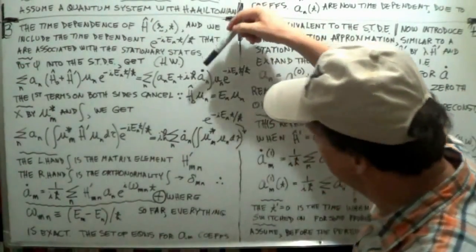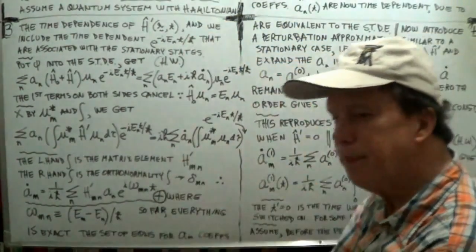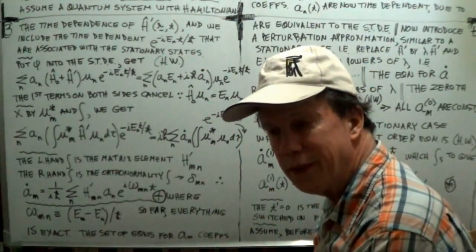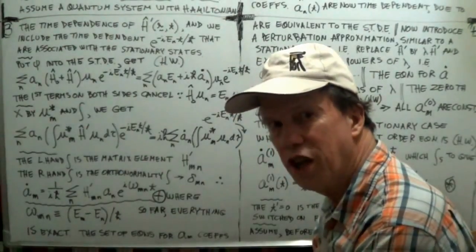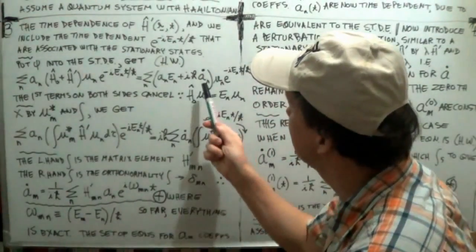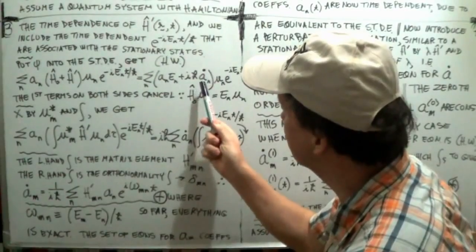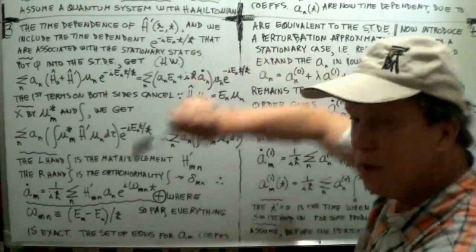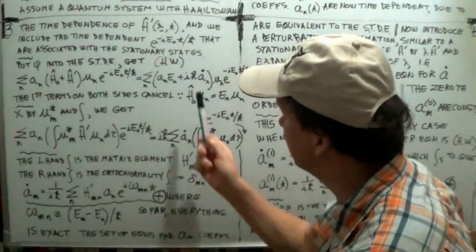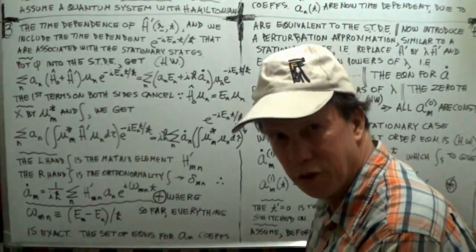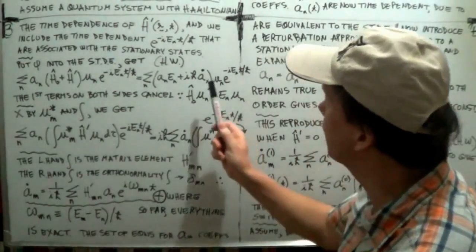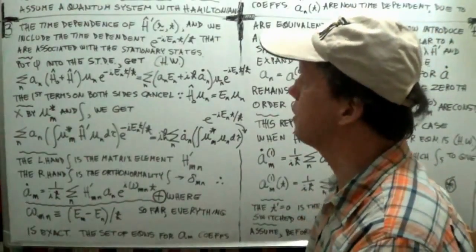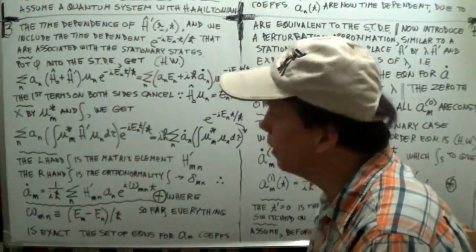Now remember, the A's now depend on time, so you will be differentiating those A's. That's where this A dot comes in; the dot means you have differentiated A with respect to time, d by dt. So get that expression, do that as homework, not too difficult.